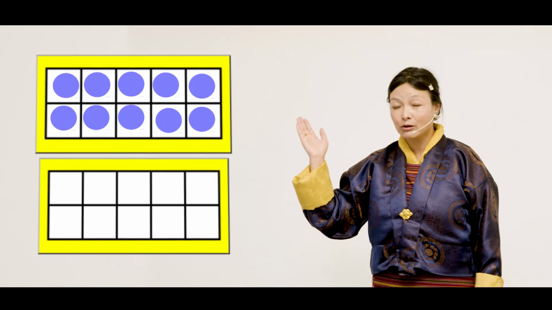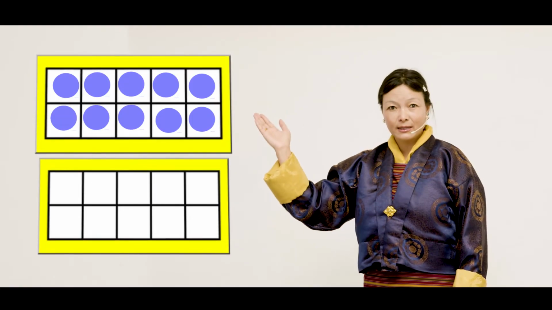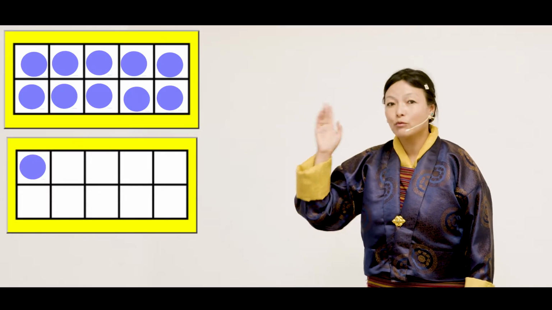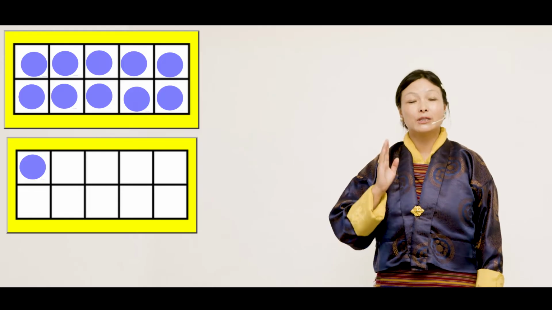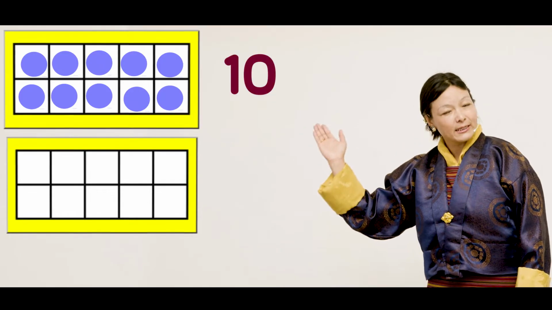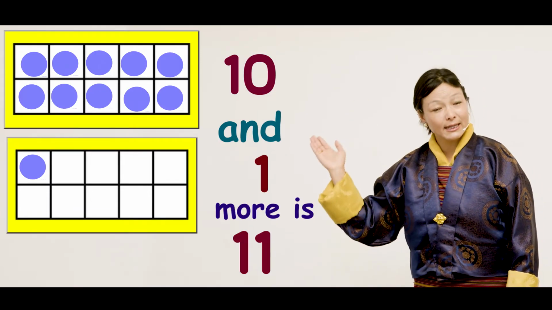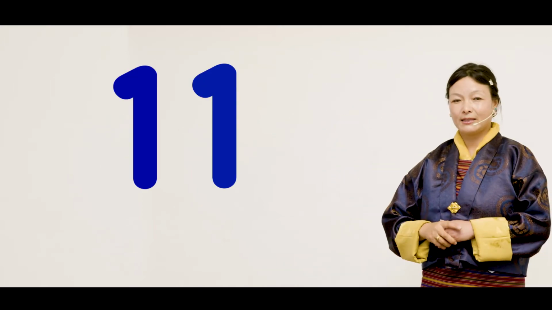No, we don't need to count, because when it is full it is 10. So 10 and how many more? In the next 10 frame, only one counter is there. So 10 and one more is 11. When we write 11, we write it as 1, 1, 11. Once more, 1, 1, 11.